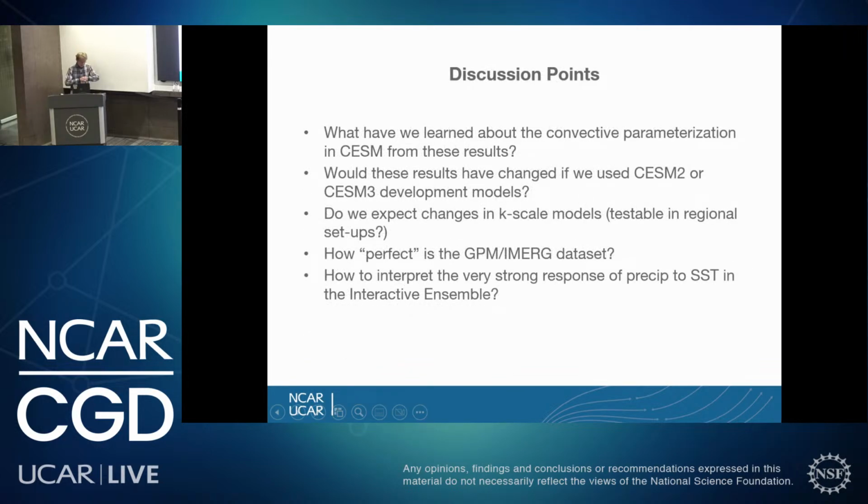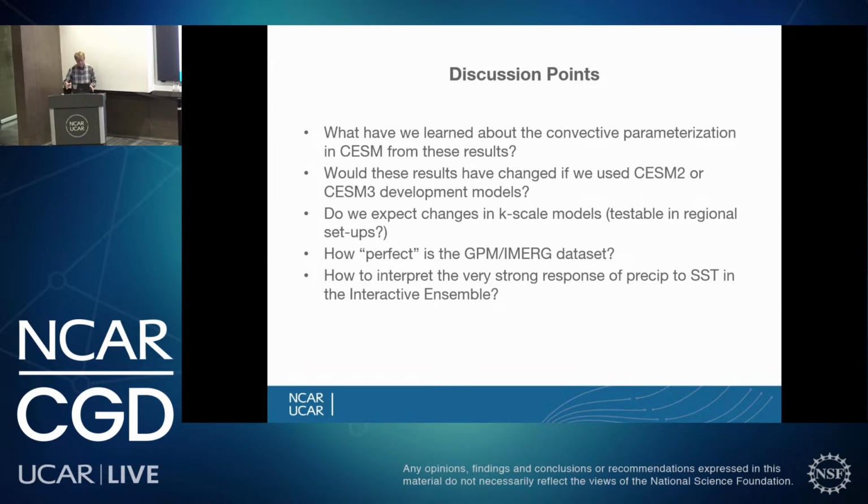And I want to leave it with a discussion point. These were mainly results from CSM1. Things have changed to CSM2 and 3, including the PBL scheme and CLUBB being introduced. But I don't think the deep convection has changed much.